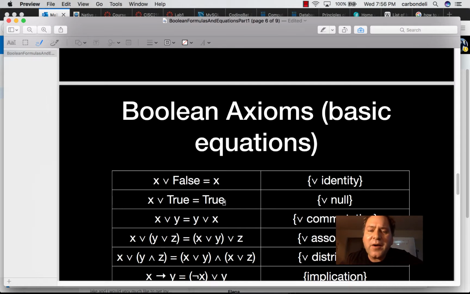And the difference here with the Boolean axioms is we're dealing with variables again. However, the variables aren't numeric, they aren't integers. The variables are a Boolean value. And there are two possible Boolean values, true and false.